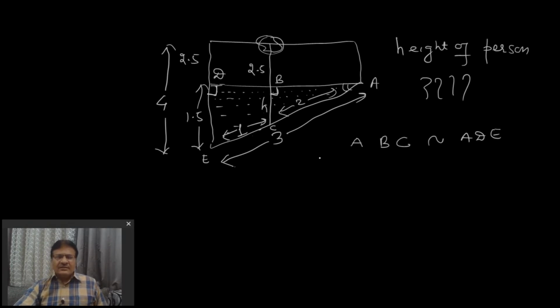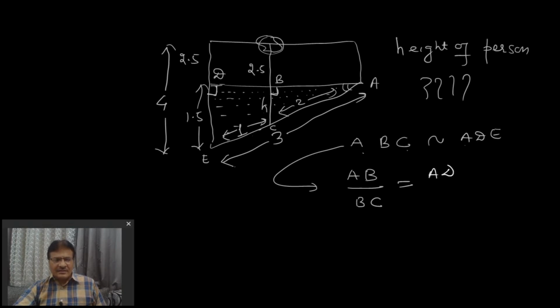Now again the sides will be proportional. So can I say AB divided by BC equals AD divided by DE.